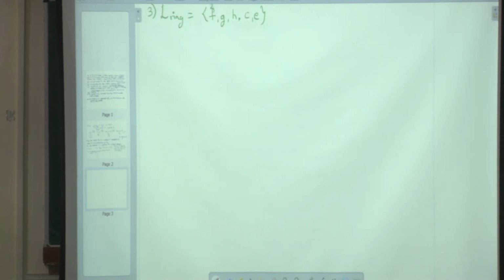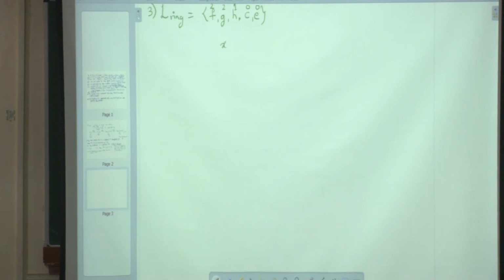Plus. So it is binary. G is multiplication, it is binary. H is subtraction, so that is unary. C and E are constant symbols, so that's zeroary. Okay. Now let us write down this.